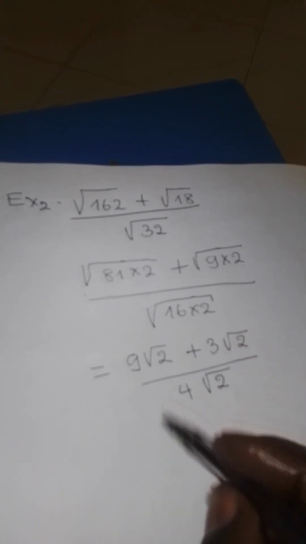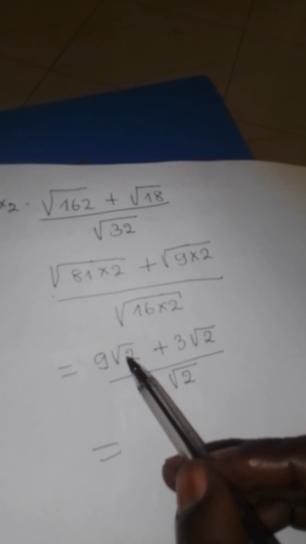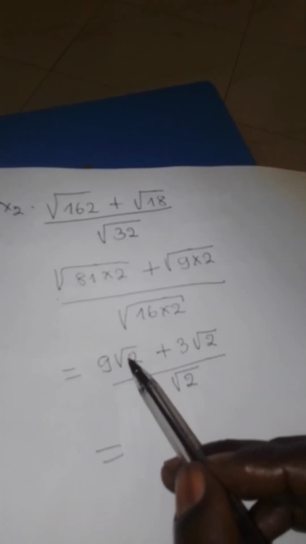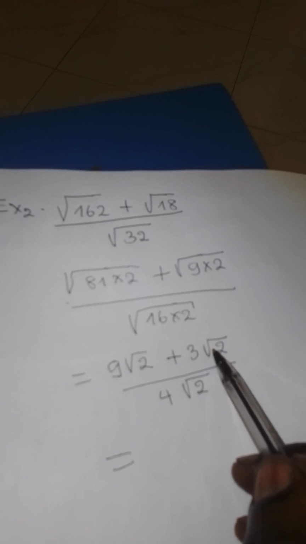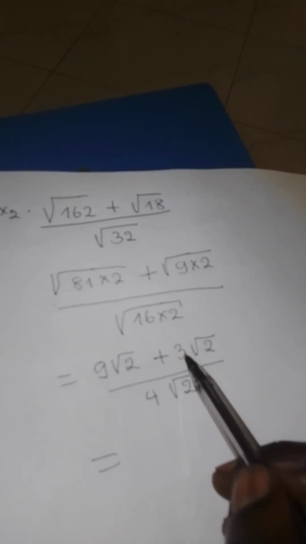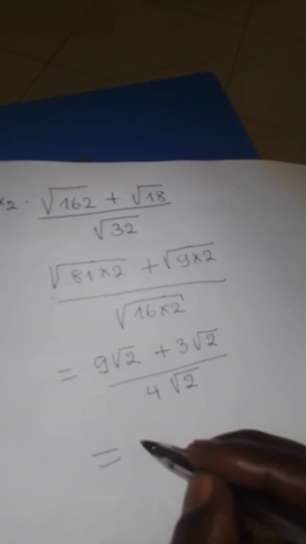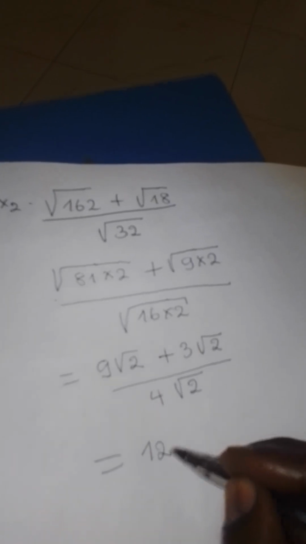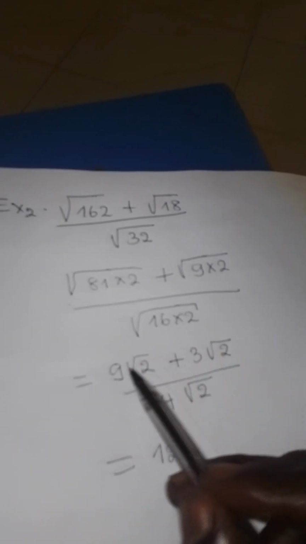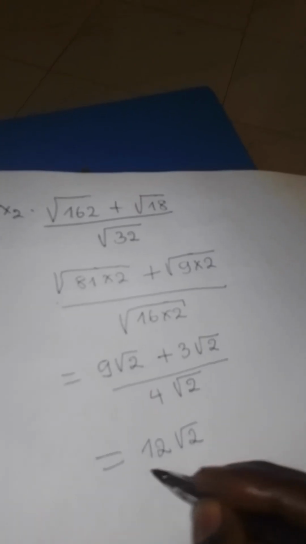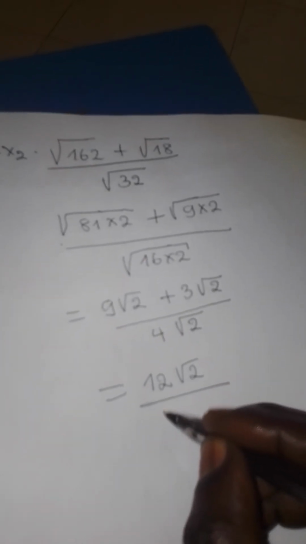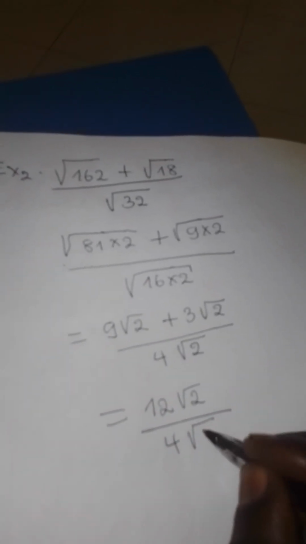Now here we add because we have the same root. Now we can add 9 plus 3 is equal to 12. Then we write 12. Then we copy one root because they are the same. We copy root 2. Then over 4 root 2.